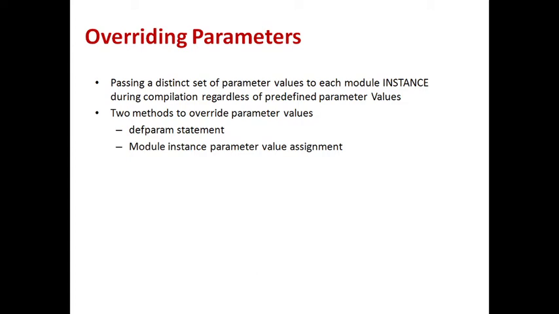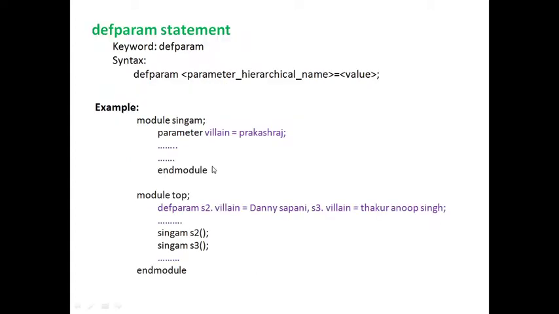So the overriding parameter concept can be done using two techniques. One is the defparam technique, and the second is module instance parameter value assignment. Let me explain. Defparam, this is my defparam statement, the first type.